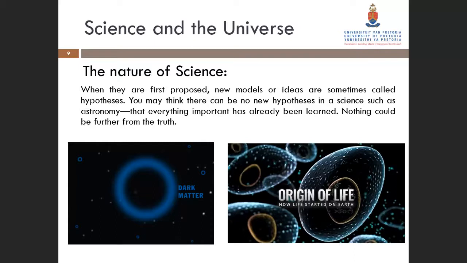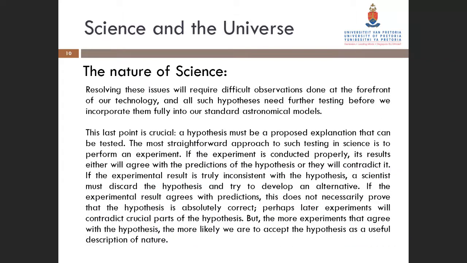How did life start on Earth? Resolving these issues will require difficult observations done at the forefront of our technology. And all such hypotheses need further testing before we incorporate them fully in our standard astronomical models.